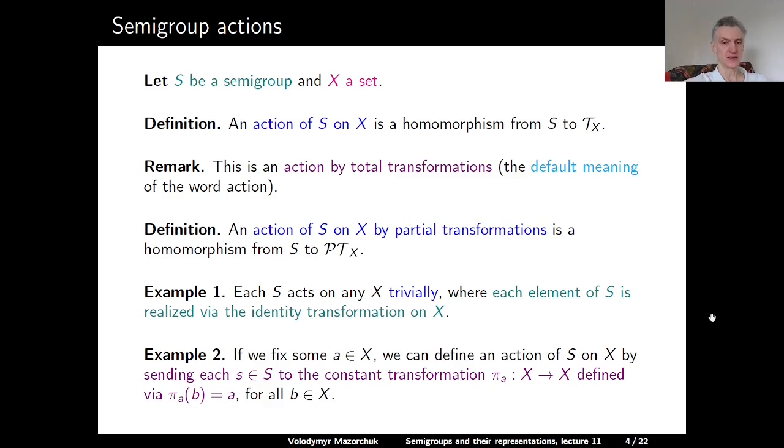So this would be another action of S on X.